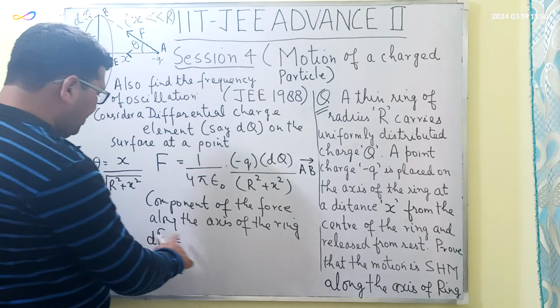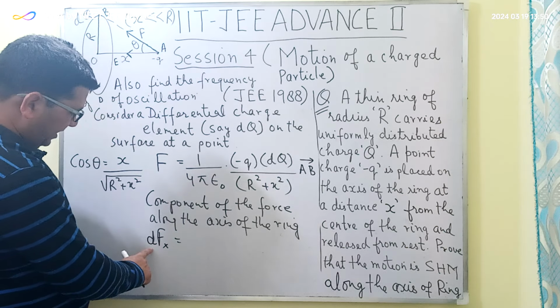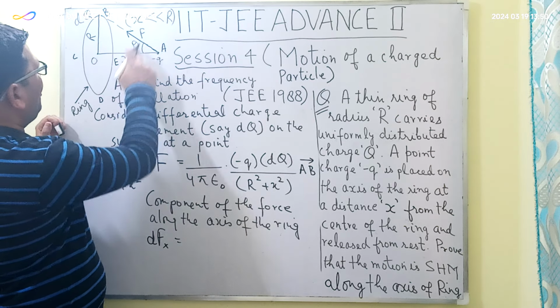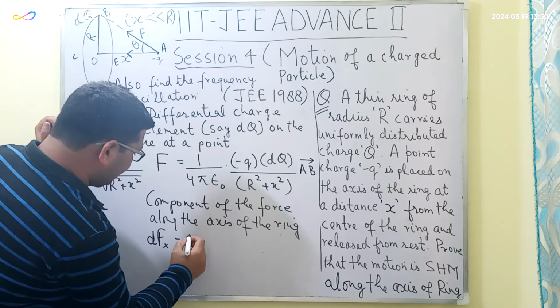So the component of the force along the axis of the ring, which I have taken as dfx, will be equal to base upon hypotenuse. So this will be equal to f cos theta.